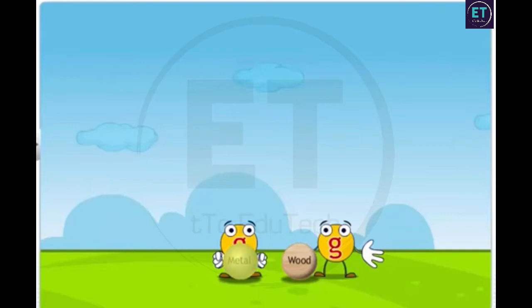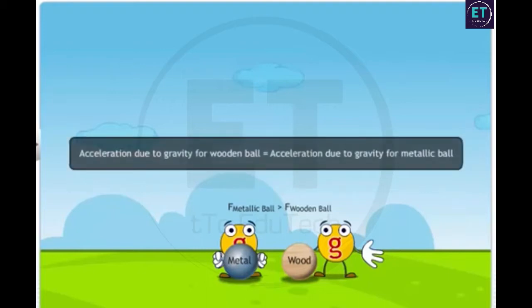Since the mass of the metallic ball is greater than that of the wooden ball, the force of gravity on the metallic ball is greater than that on the wooden ball. However, it doesn't seem to make the metallic ball fall faster than the wooden ball. This proves that acceleration due to gravity on Earth is the same for all bodies irrespective of their masses.